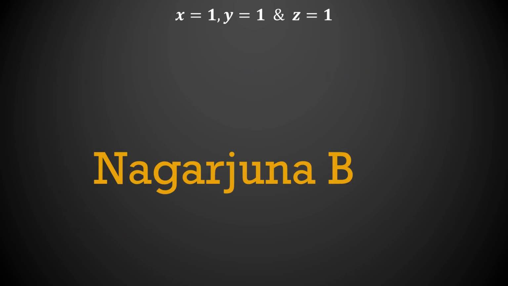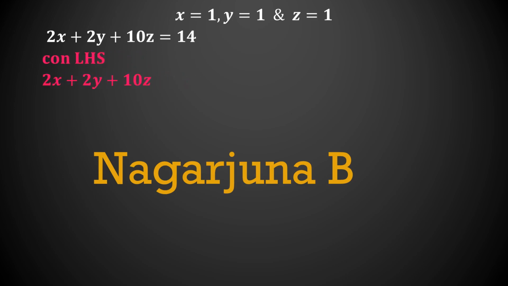Now we shall examine the third equation. The third equation is 2x plus 2y plus 10z is equal to 14. Consider the LHS, 2x plus 2y plus 10z. Substituting the values of x, y and z, we write it equal to 2 into 1 plus 2 into 1 plus 10 into 1, because the x value is 1, y value is 1 and z value is 1. 2 into 1 is 2, plus 2 into 1 is 2, 2 plus 2 is 4, plus 10 into 1 is 10, 4 plus 10 is 14.